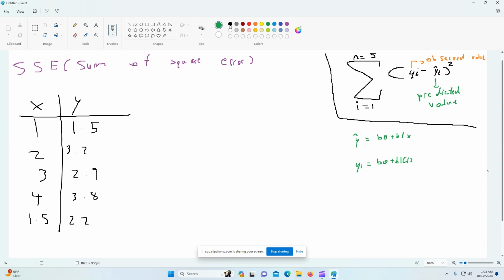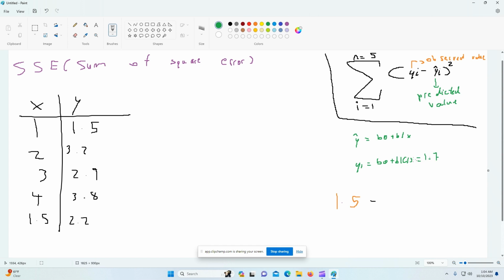So essentially what this means, for example in this case, is our actual observed value, 1.5, minus our predicted value. Say this gives, I don't know, 1.7, for example.